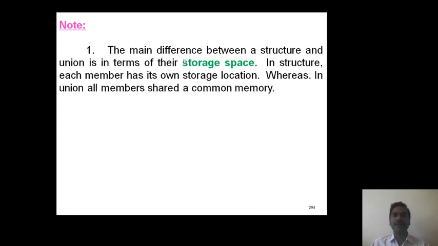The main difference between a structure and a union is in terms of their storage space. In structure, memory is allocated individually for each member, hence each member has its own storage location. But in the case of union, a common memory is allocated, and this memory is shared by all members.